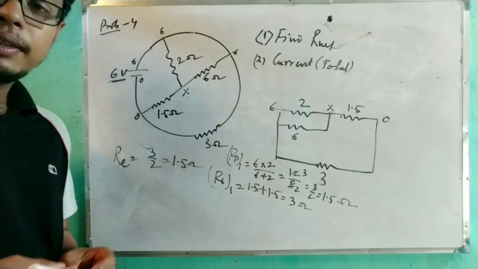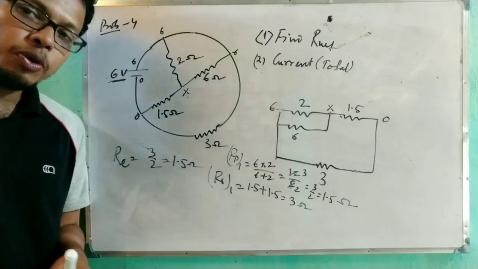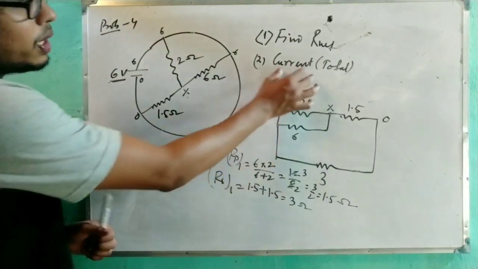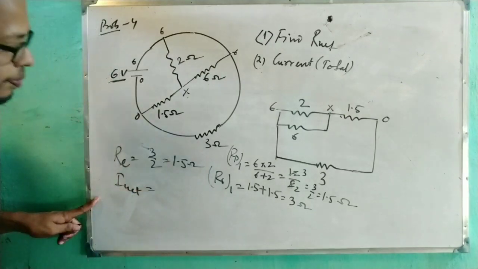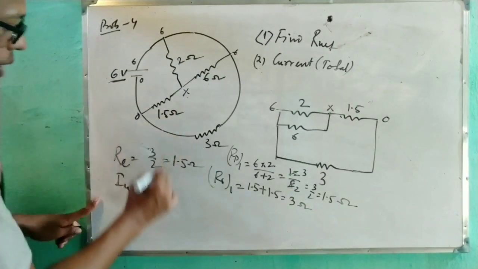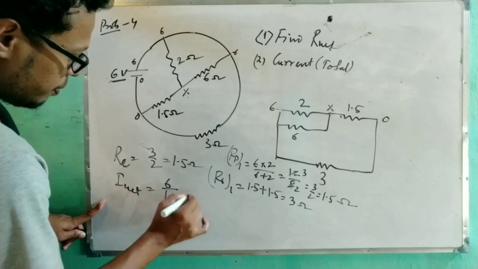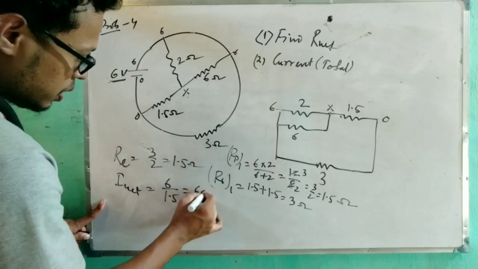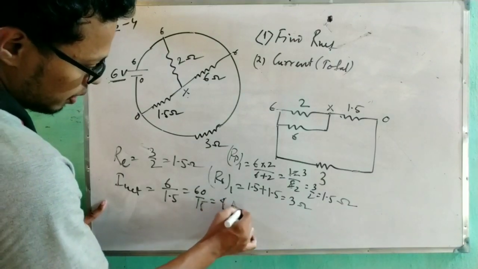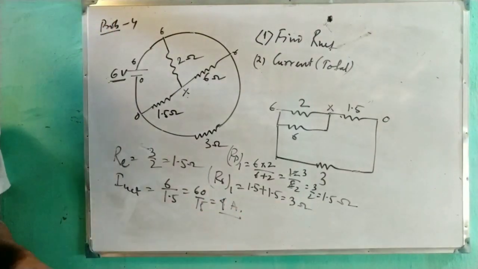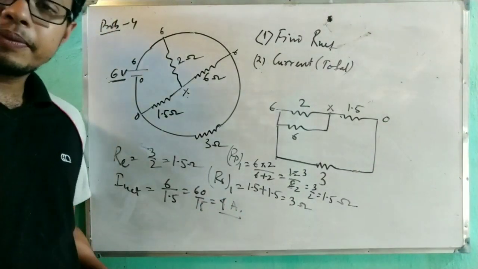So the equivalent resistance will be 1.5 ohm. But how to find the total current? So I net will be I equals to V by R. V is given 6 divided by 1.5. So it will come 60 by 15. So it is 4 ampere. Okay. So the value is 4 ampere.